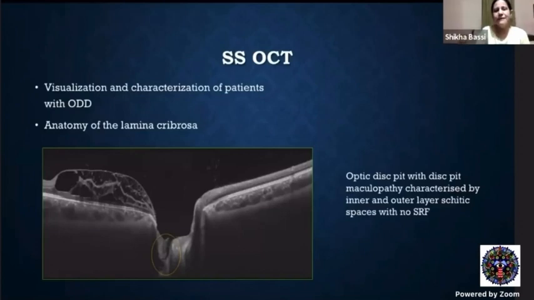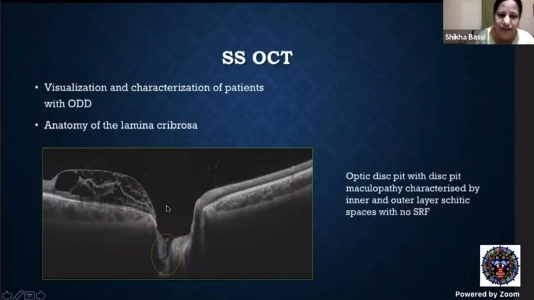I have briefly mentioned SSOCT previously, and in neuro-ophthalmology, just like EDI mode OCT, you can get a better evaluation of the ODD, and you can also look at the lamina cribrosa. And as I mentioned previously, this technology has led to simultaneous imaging of the macula and the disc.